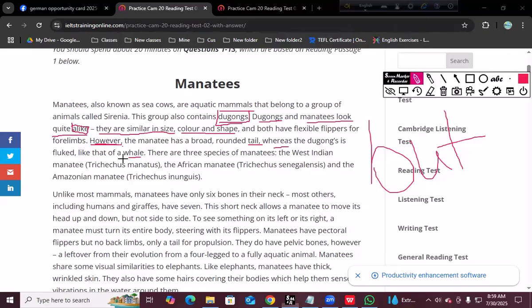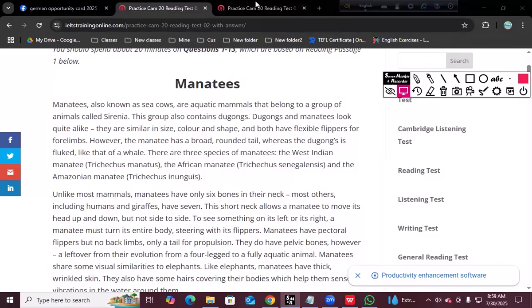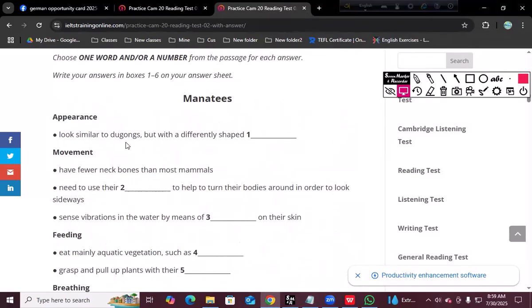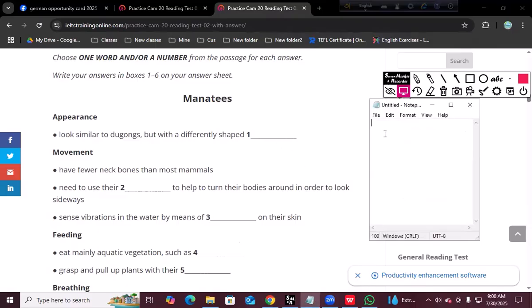So the question was, looks similar to dugongs, like in shape, color, size, but with a different shaped what? Number one, the answer should be tail.